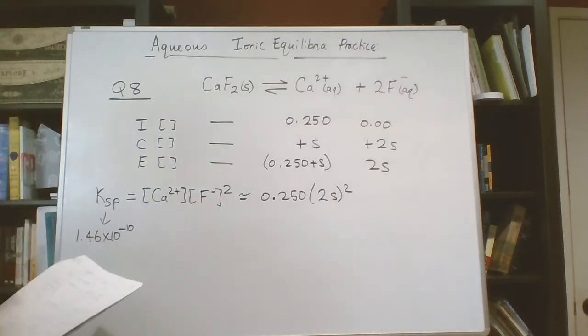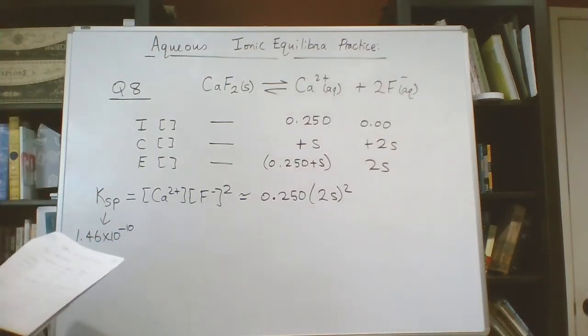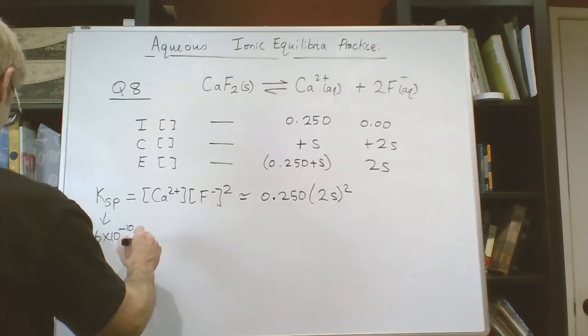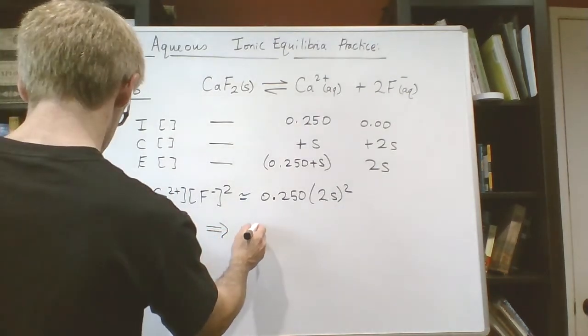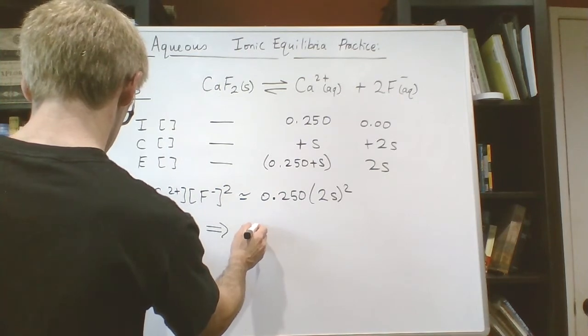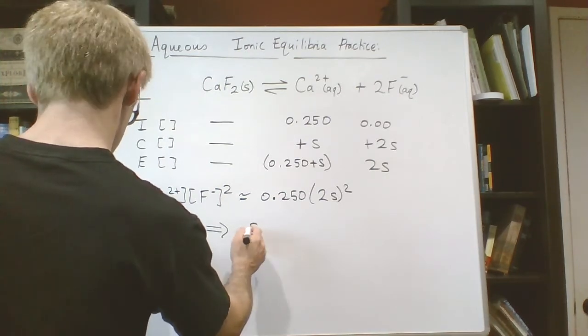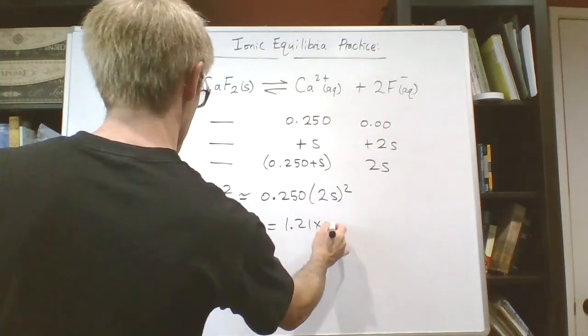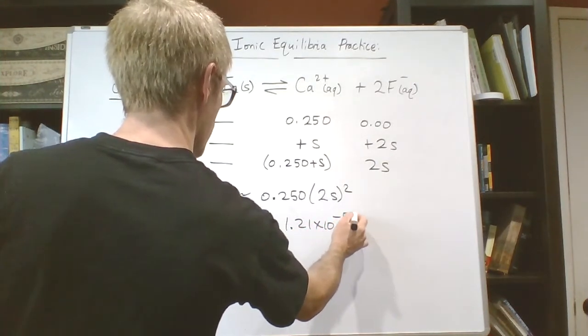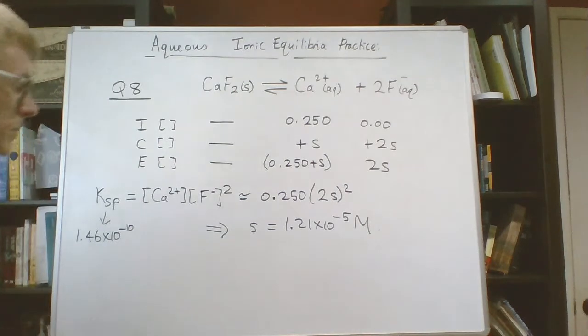KSP is 1.46 by 10 to the negative 10. So this implies that S is 1.21 by 10 to the negative 5 molarity. Again, this is a common ion example of a solubility product constant question.